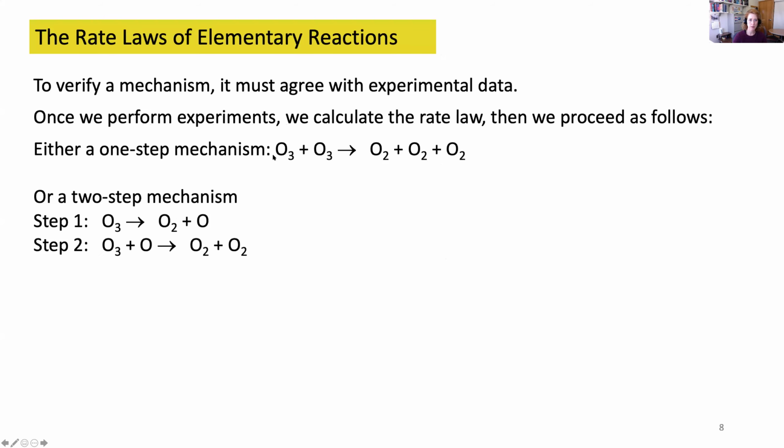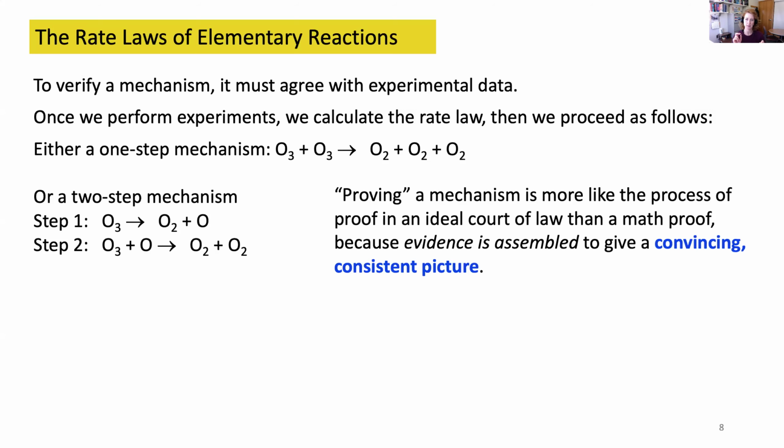We have the 1-step mechanism where 2 molecules of ozone come together to form 3 molecules of oxygen, or we have the 2-step mechanism where 1 molecule of ozone dissociates into an oxygen molecule plus an oxygen atom, and then another ozone molecule is attacked by the oxygen atom to form 2 oxygen molecules. We need to verify if it's this or if it's this.